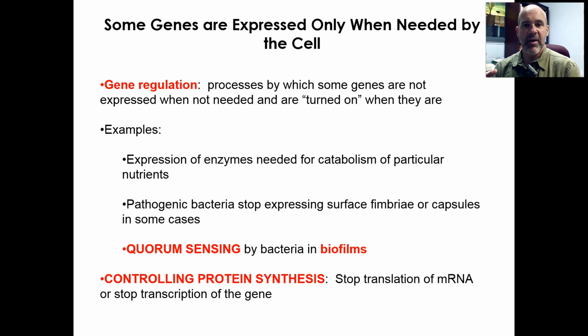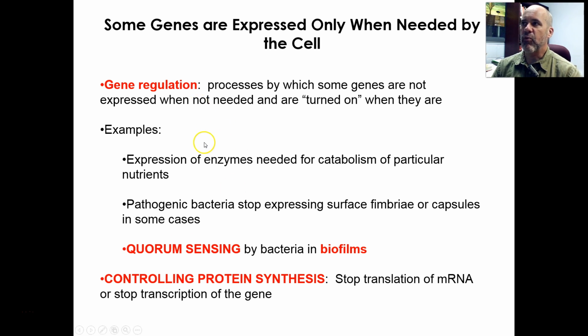We talked about how bacteria in biofilms will completely change some of their characteristics and traits if they realize that they need to assemble a biofilm and participate in a biofilm community. They've got to turn on certain genes that help them make those sticky substances and help create the biofilm. So all that quorum sensing we talked about when we went over bacterial reproduction is an example of genetic regulation as well.